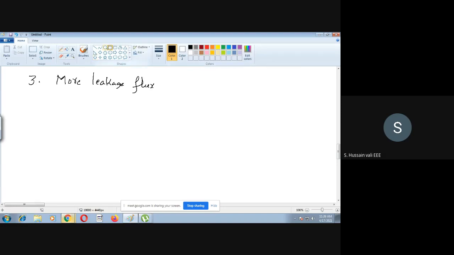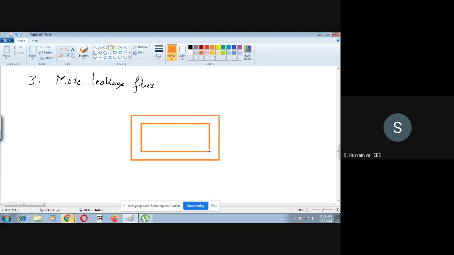Okay. So this is the magnetic core. Now we'll take the windings.